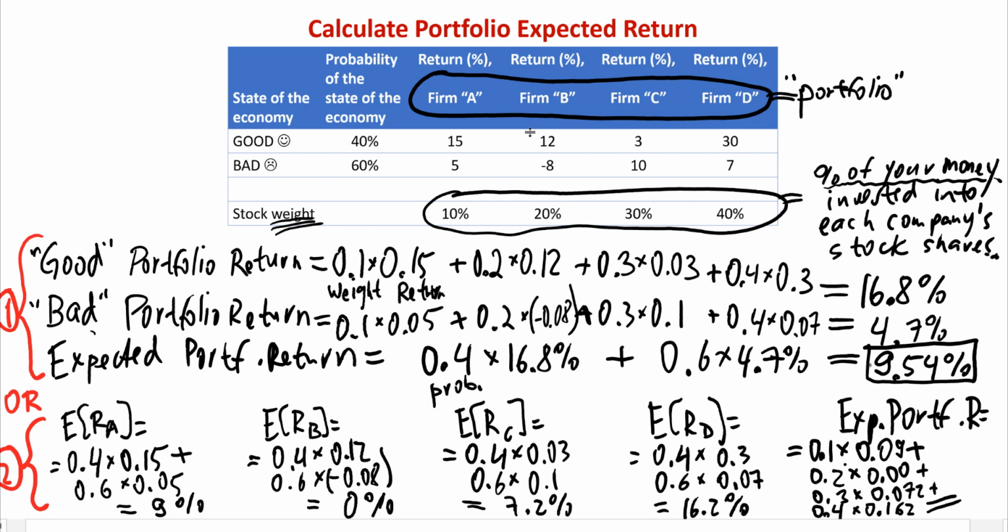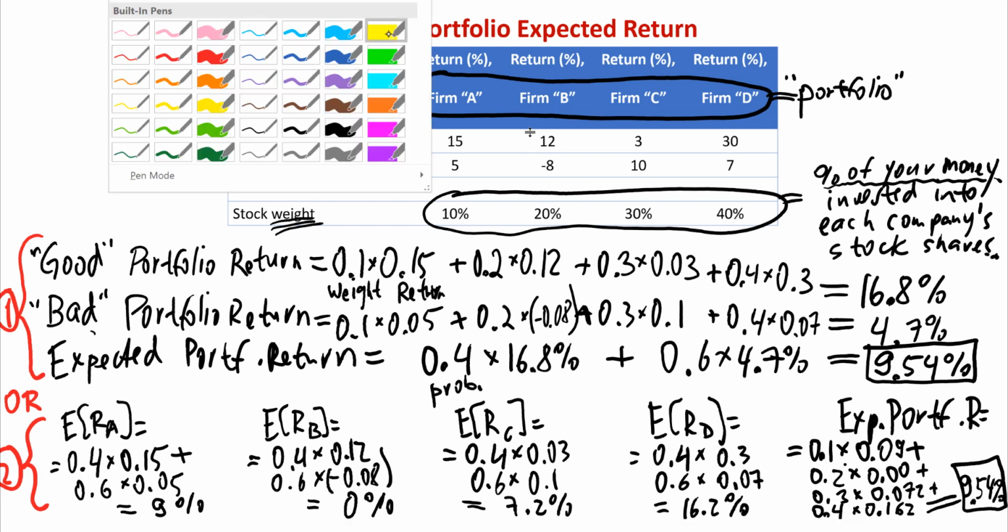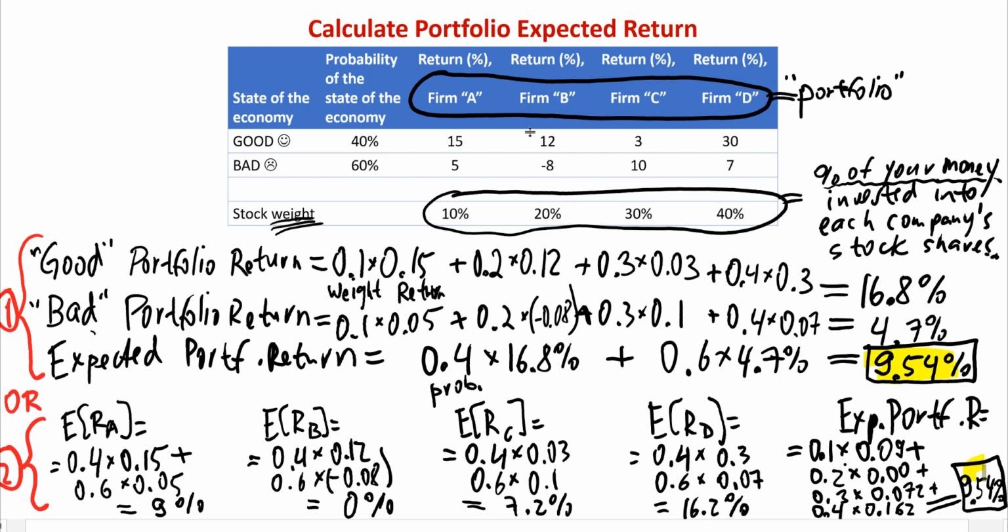And that also gives us 9.54%. So it doesn't matter how you do the math, which method you follow, because either way you're going to get the same results.